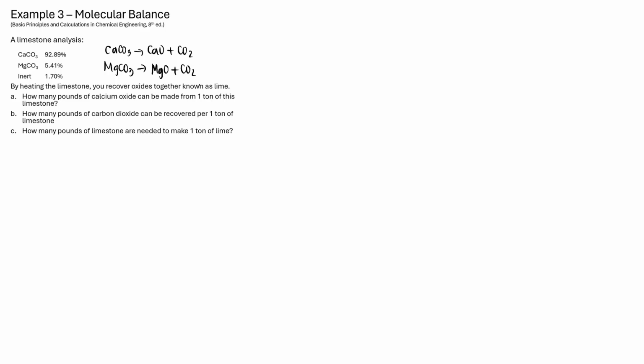Okay, and then we create a block diagram. So this is my reactor. Going in is 92.89% calcium carbonate, 5.41% magnesium carbonate, 1.7% inert.